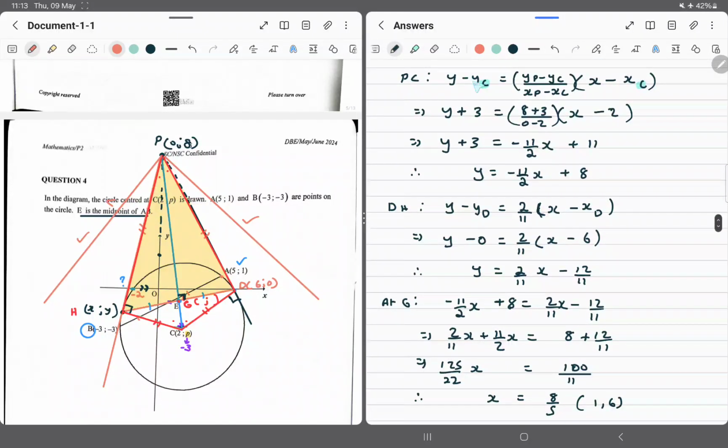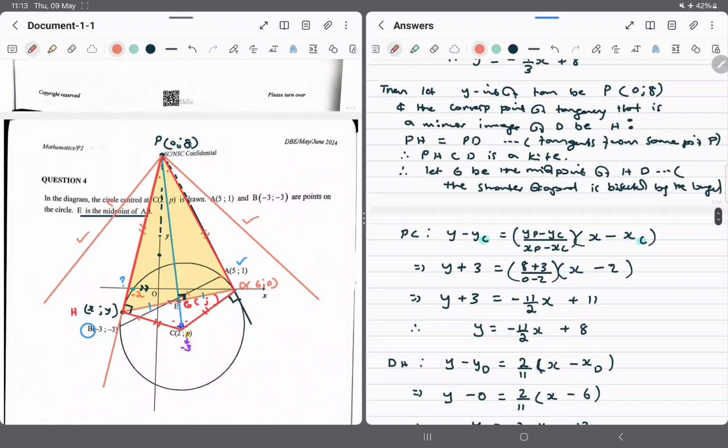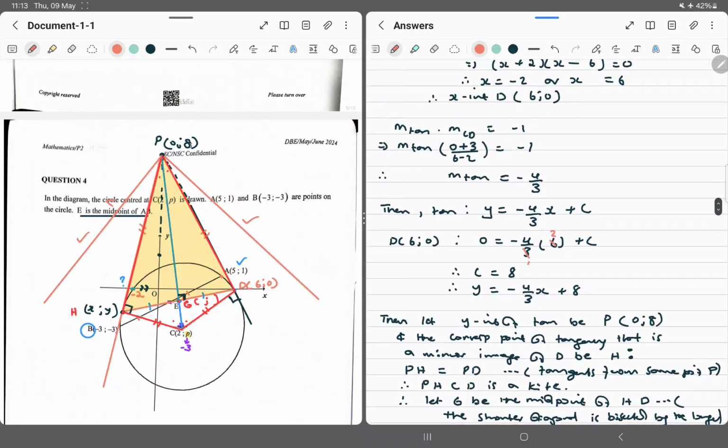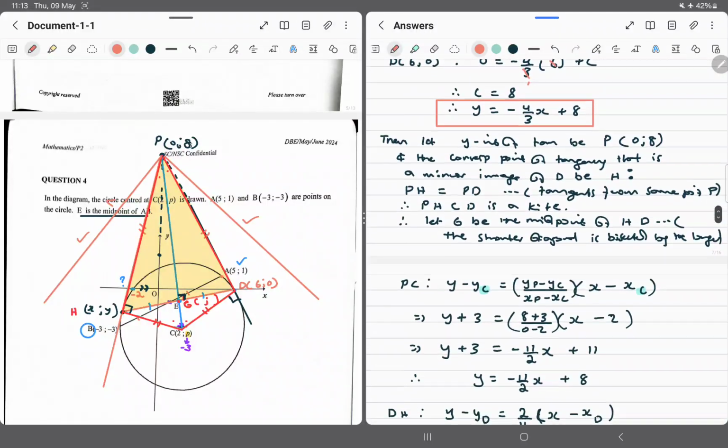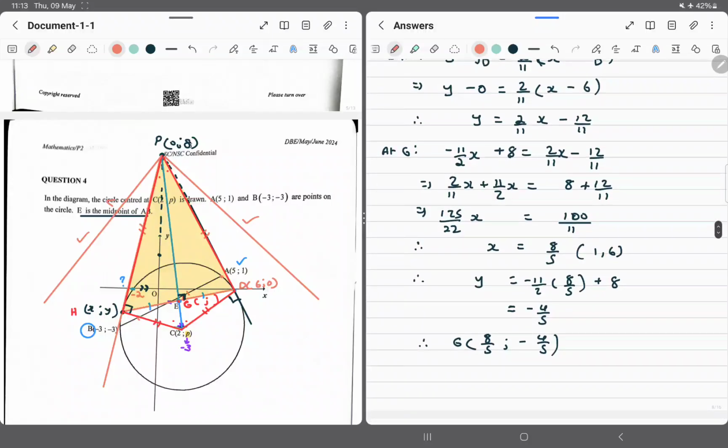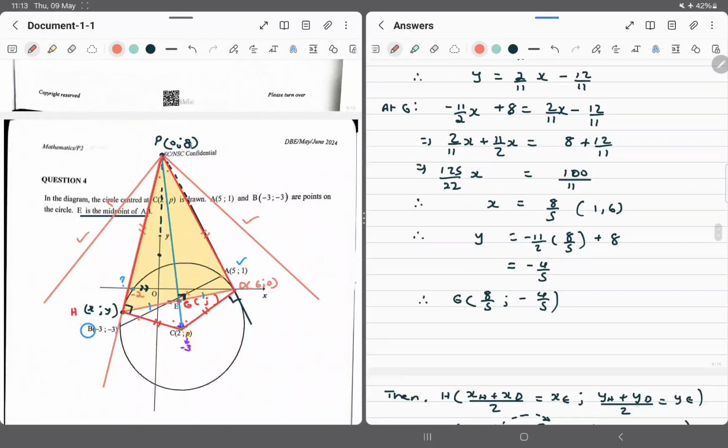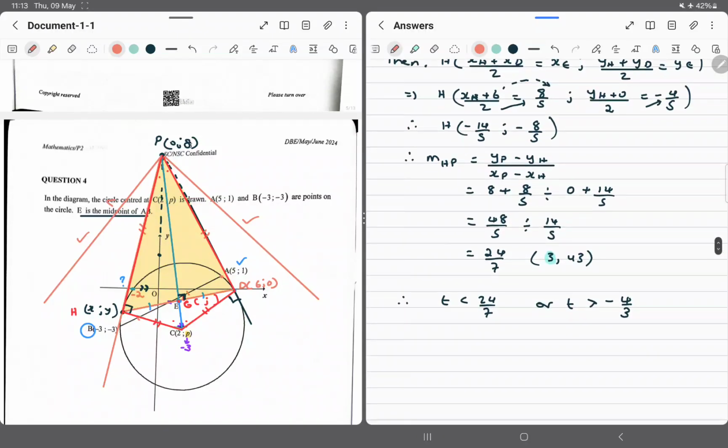So basically the answers here are from these two lines. This one, that one and this one. So the answer came through these situations here.